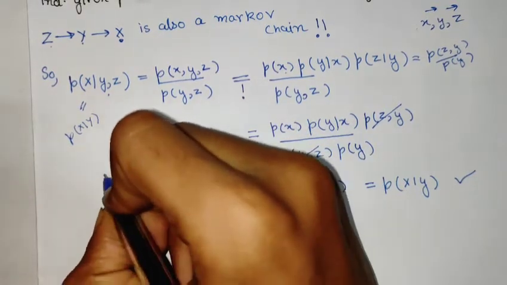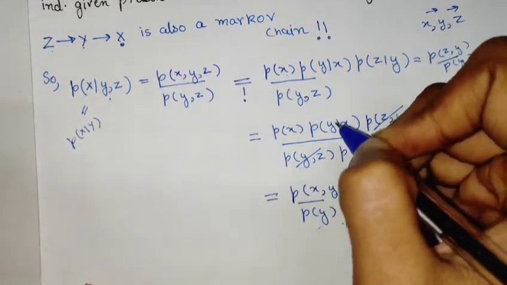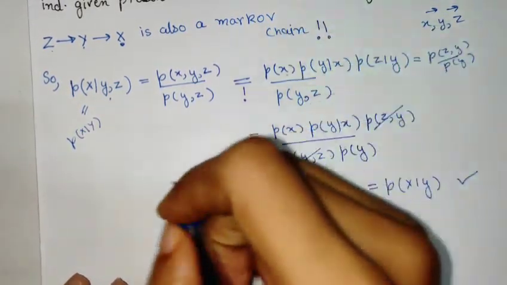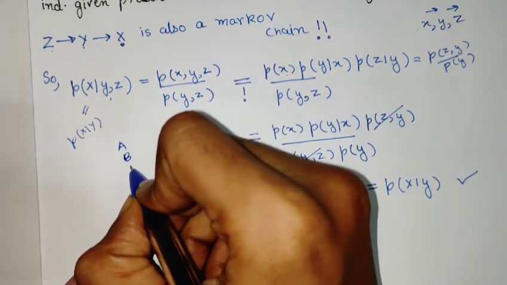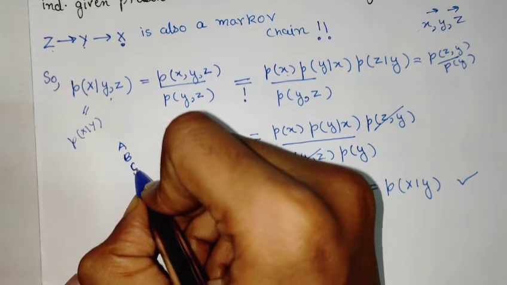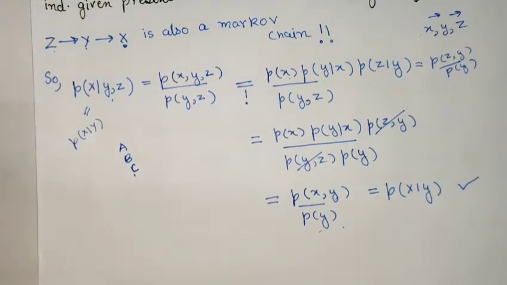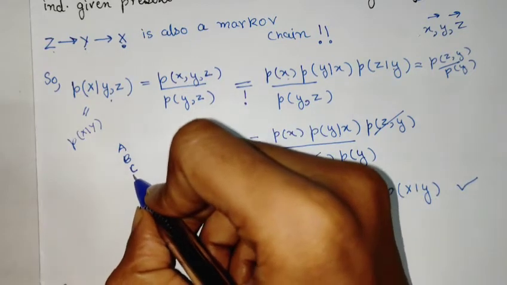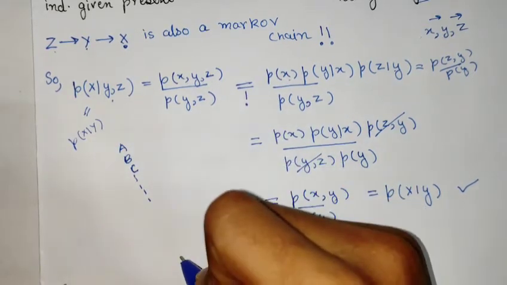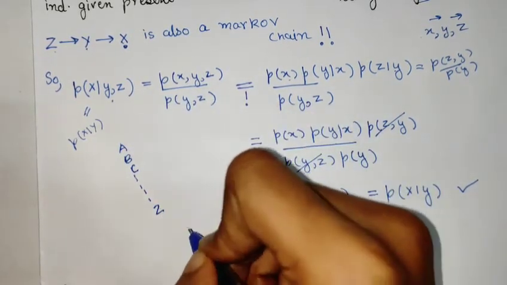But classically, one of the nice examples is that of a noisy typewriter. Suppose you have a typewriting device that prints A, B, C up till, say, Z.